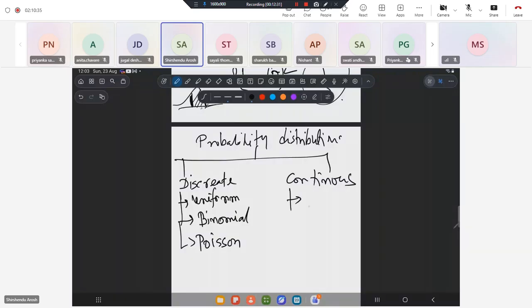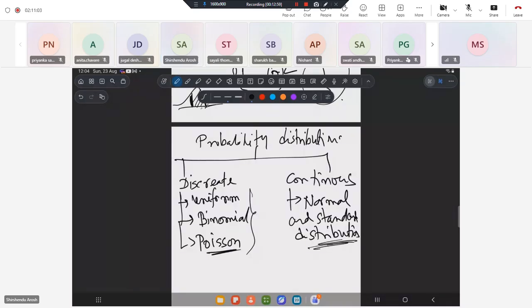For continuous, we are going to see the normal and the standard normal distribution, almost the same. This has the most impact, though the discrete ones are quite easy to understand, and there are a lot of applications available for these discrete models. We'll see these one by one and try to understand in which areas we can use these kinds of problems.